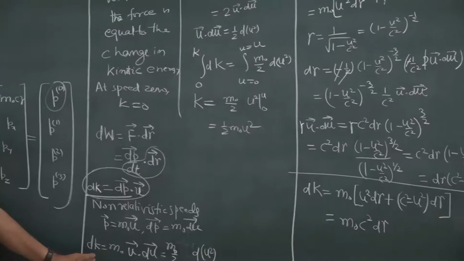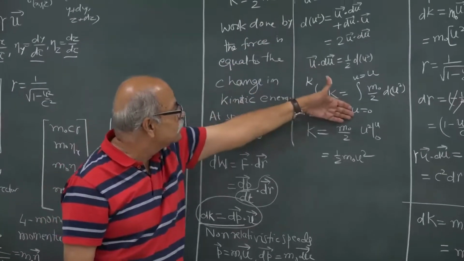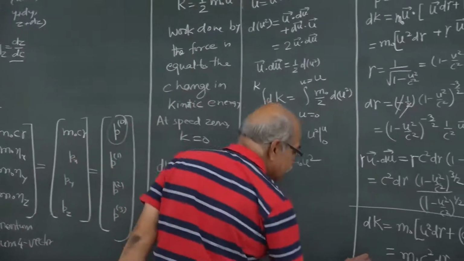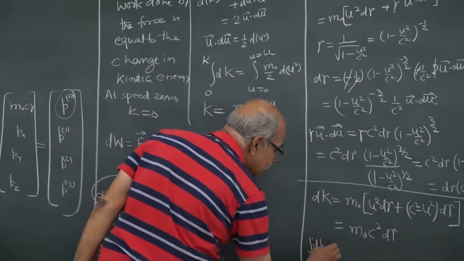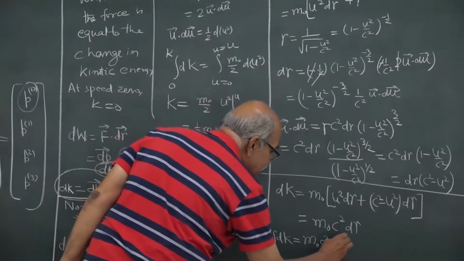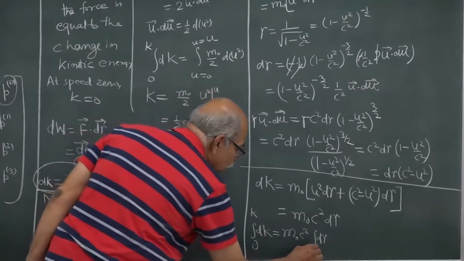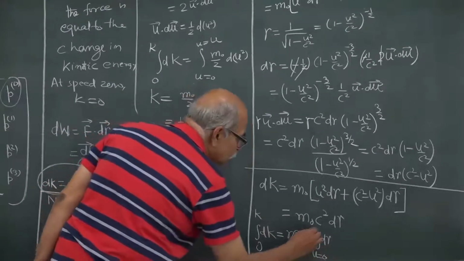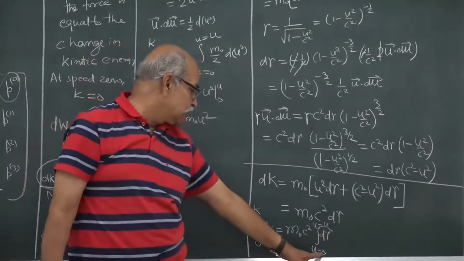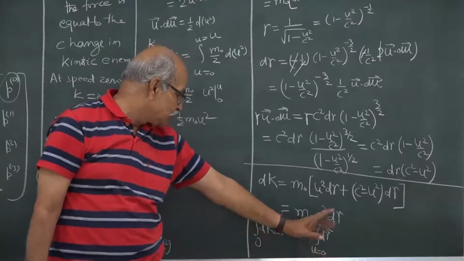So after that, what did we do? After getting all these things, we integrated from 0 to k and u going from 0 to u. dk is equal to m naught c square, which is constant, and therefore this is just d gamma. At u equal to 0, there is some value of this gamma, and at u there is some value.